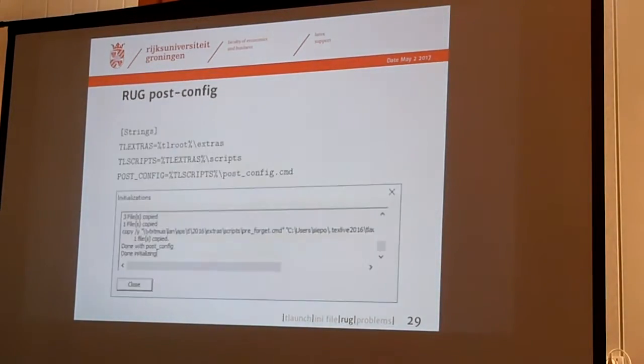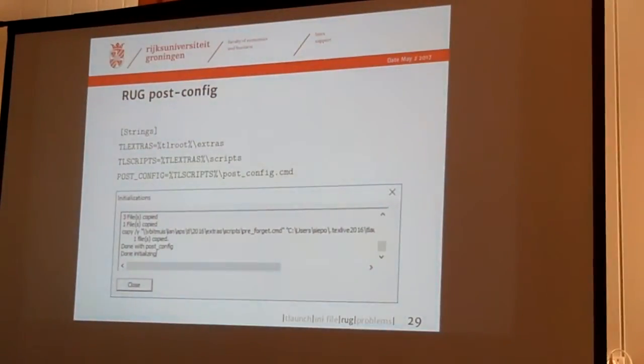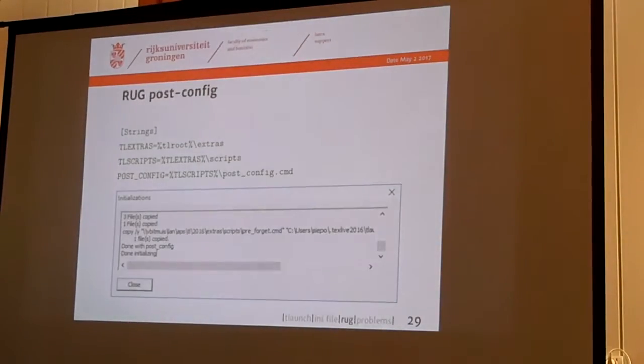Well, this might be. And there's also an option you can configure so that it does some extra processing during initialization. And that's the whole laundry list from the previous slide.